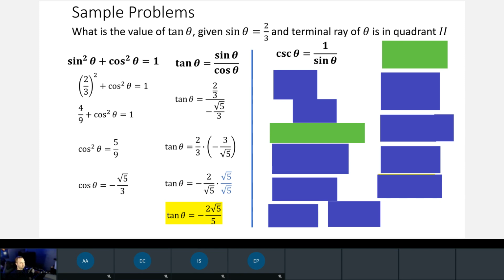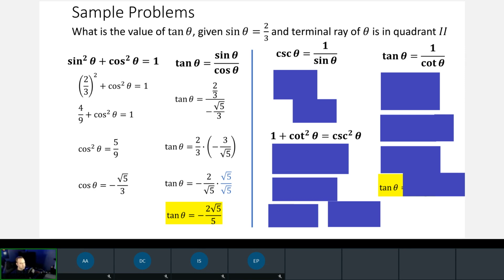All right. So the other way to solve this is this way. No, I wrote these lessons and I obviously forgot what I was doing. Another way to do this problem from the previous slide, which is also shown on this slide on the left-hand side of the column: tangent is equal to 1 over cotangent.